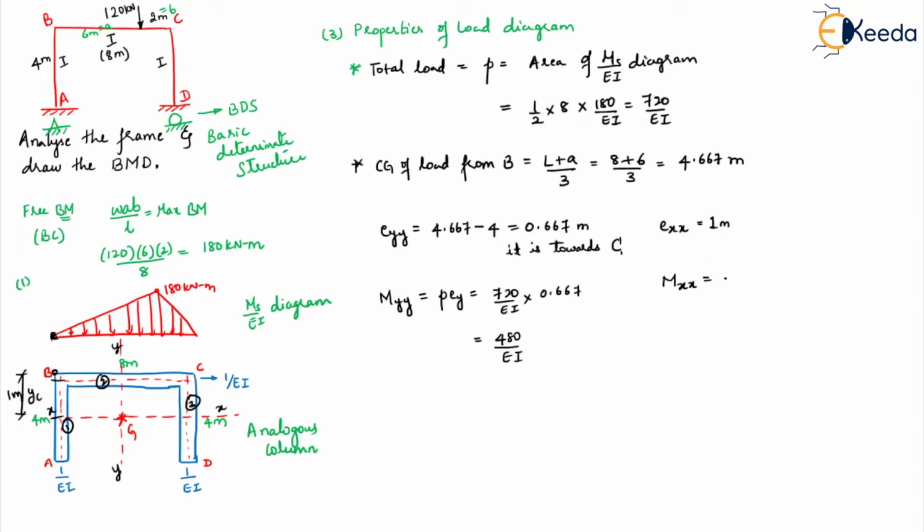So that will give you a moment equal to what? P into EX. So P is 720 by EI into X, which is 1. So that will be 720 by EI.